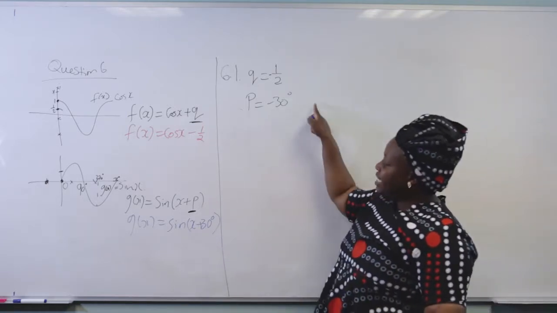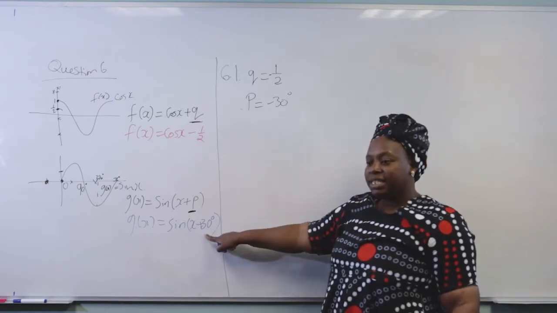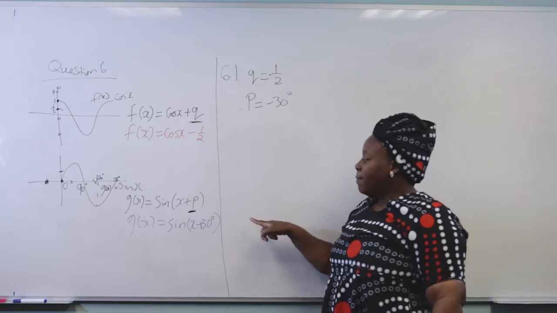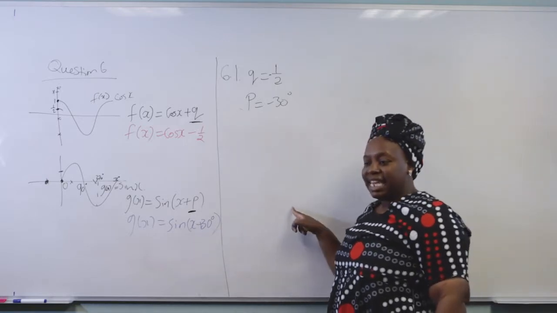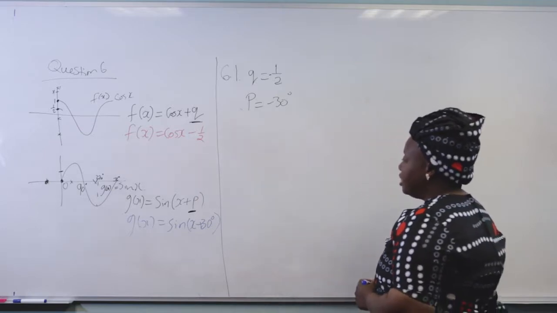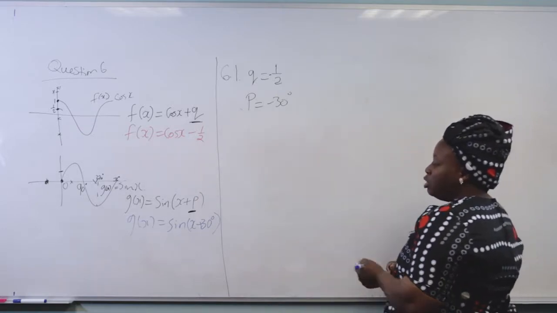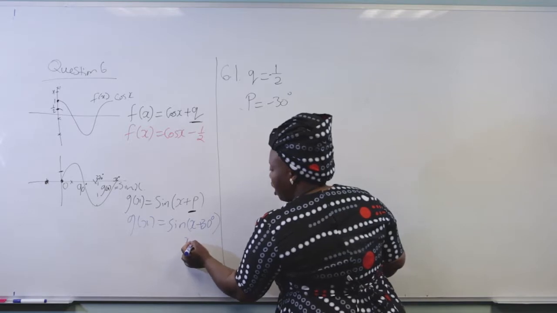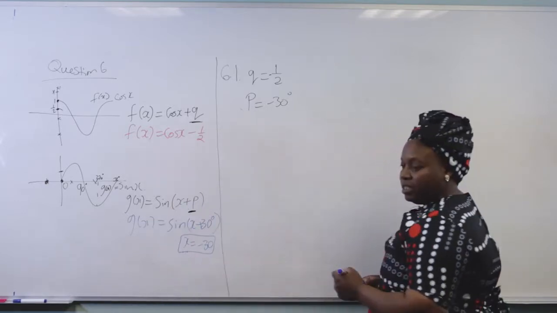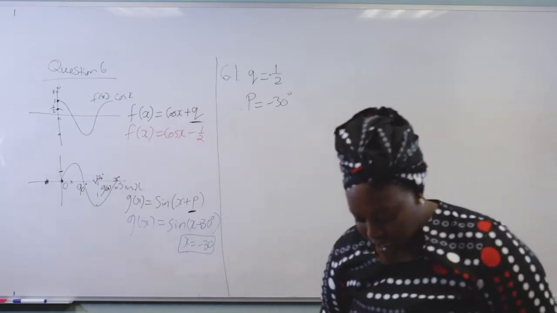So it's a minus 30 shift, but inside here it is plus 30. Why? Because when I say x plus 30 equals 0, my solution will be x equals minus 30. That is why your p is equal to negative 30 in this case. So the movement is x equals negative 30, moving 30 units to the left.